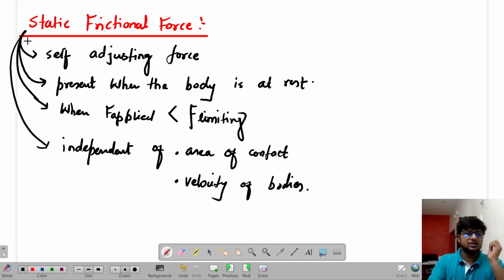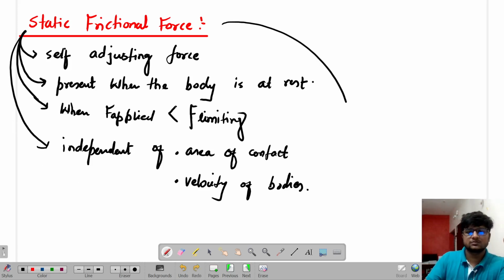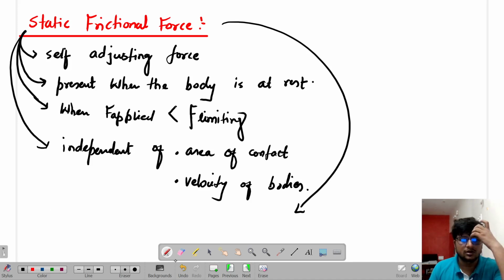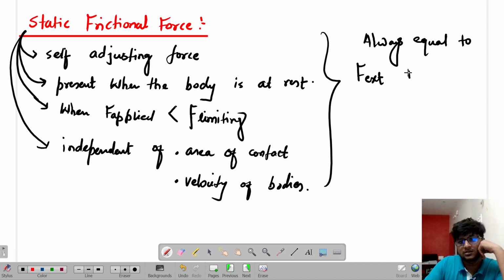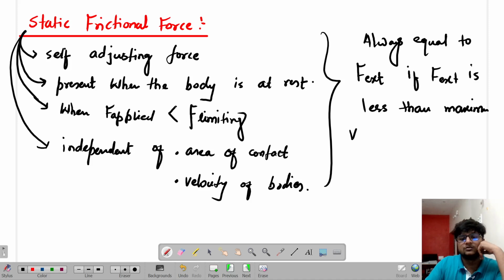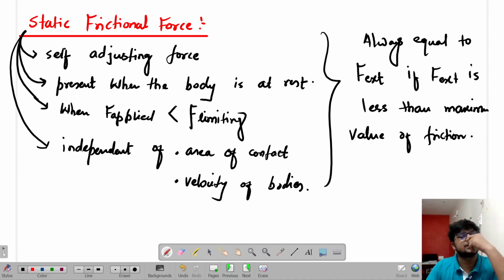And this is always equal to, or we can say this is too much, so I'll write simply, always equal to F external if F external is less than the maximum value of friction. Friction, maximum value of friction. Is that clear or not?